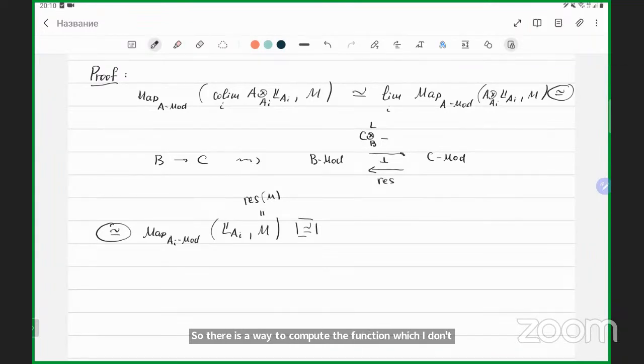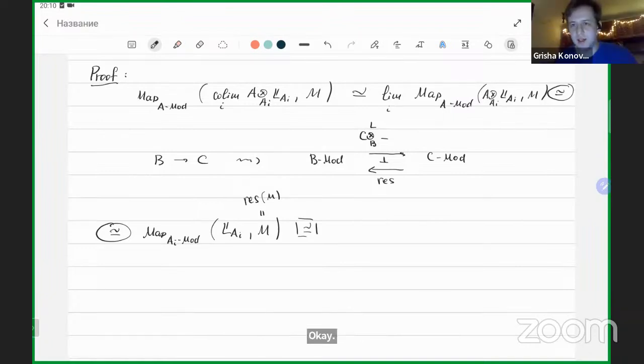Okay. And in fact, even in this case, LAI will be perfect. So there will be no need to take the replacement in this particular case. But yeah, in general, if you want to compute it, you need to take resolutions.